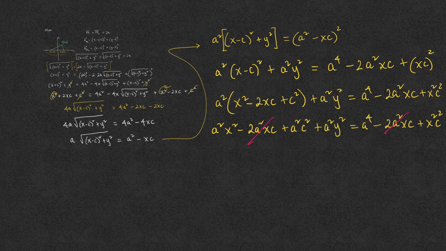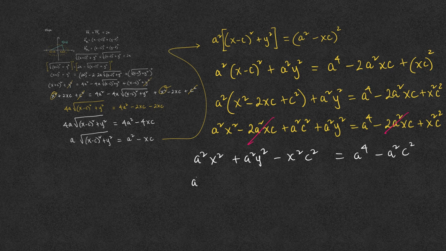And so we end up with a squared x squared plus a squared y squared minus x squared c squared equals a to the fourth minus a squared c squared, where we bring all of the terms with the variables x and y to the left-hand side and all of the constant terms to the right-hand side.